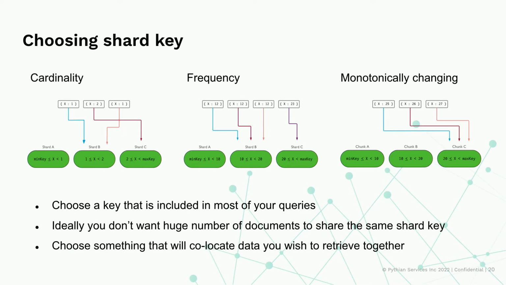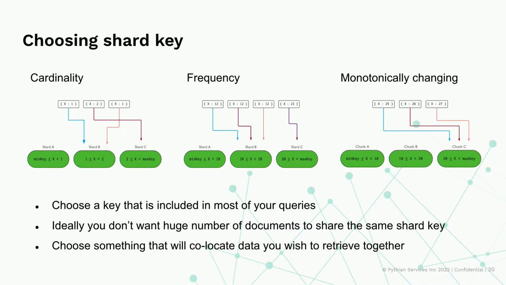So when you want to shard and choose a shard key for a collection, there are some principles that you will need to look for when making a decision on the shard key. The first one is the cardinality of the shard key. You will want to have a shard key that has relatively high cardinality, and that is how many unique values your shard key will have.